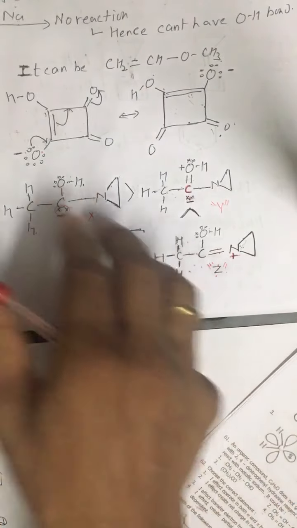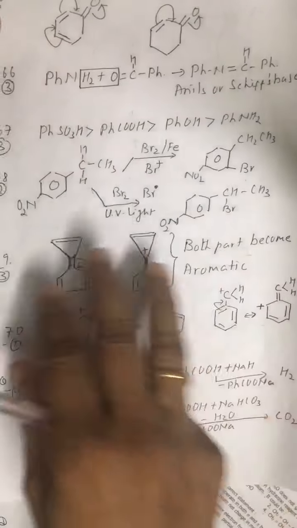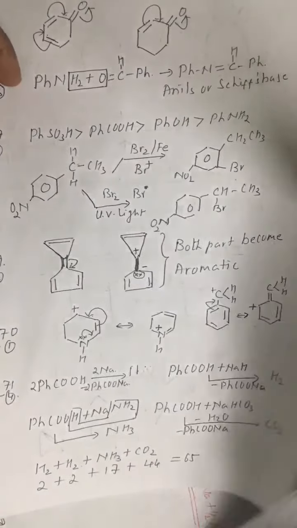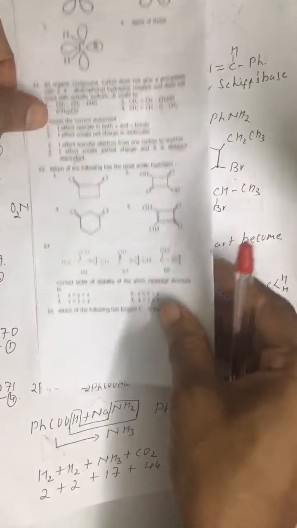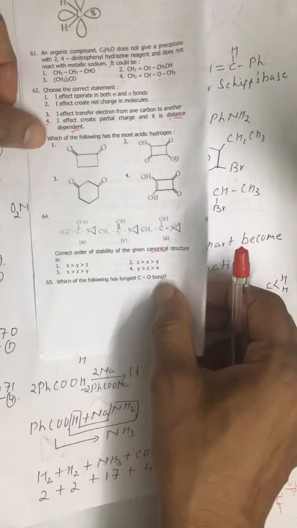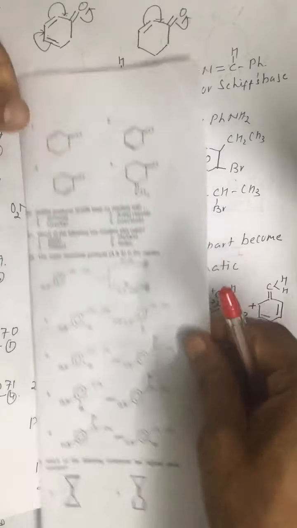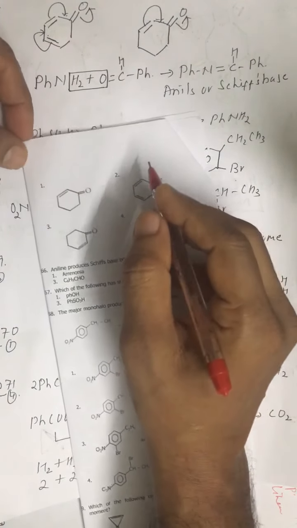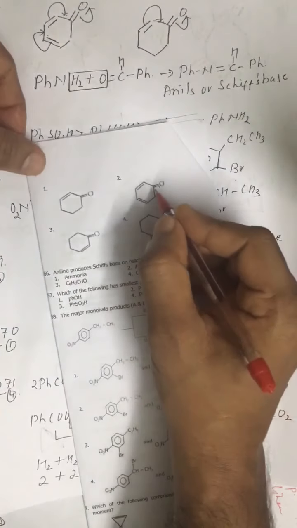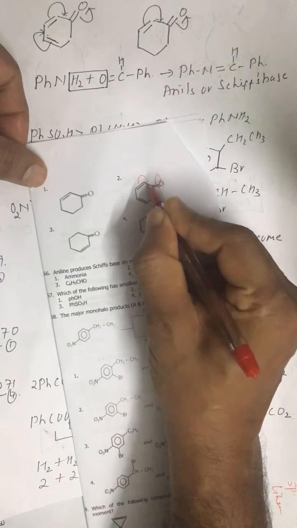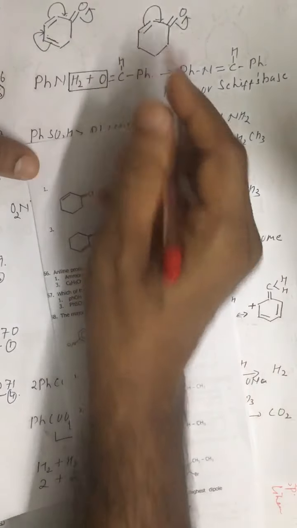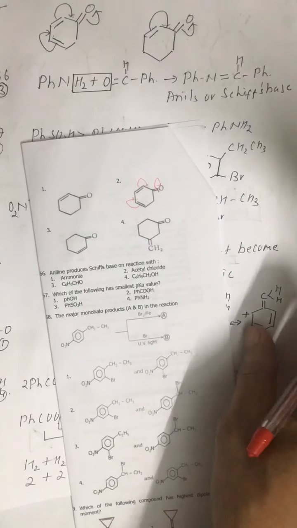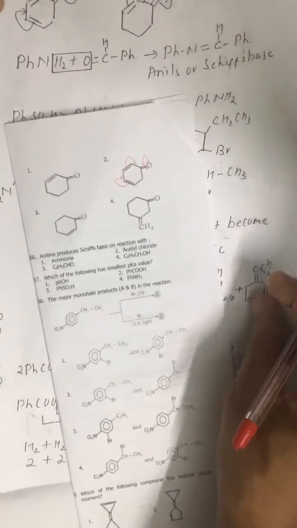All right. Now look at question number 65. Which has the longest CO bond, means this bond is longest. So the greater the extended conjugation. Look at this structure. We have extended conjugation. This one has extended conjugation, that is why it is highly stable.